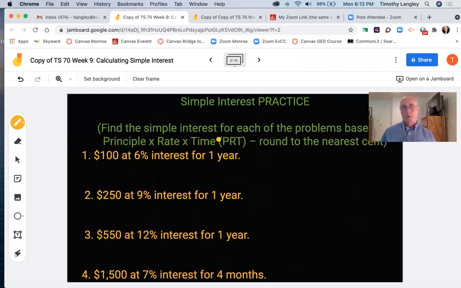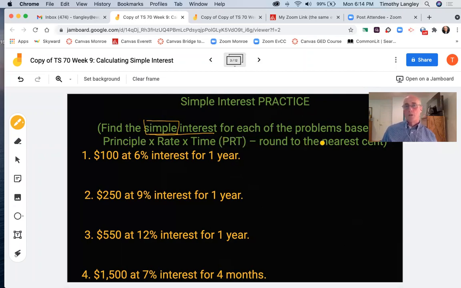Find the simple interest, and that's what we're calculating, something called simple interest. There are more complicated types of interest, thus the name simple interest. This is the most common kind of interest that you deal with, car loans, house loans, and other things. But just be aware of, well, how come they're calling it simple? It seems complicated to me. Well, believe it or not, there are some other more complicated types of interest.